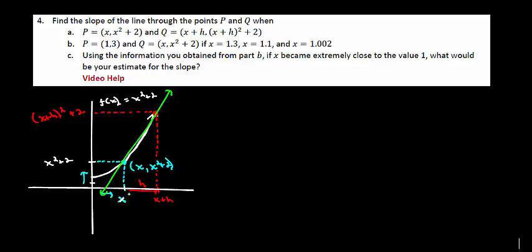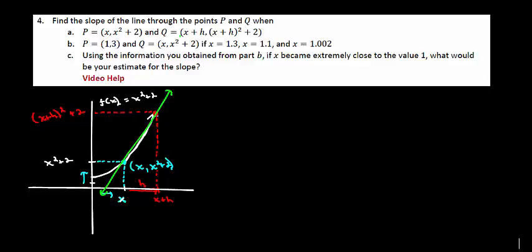So this distance that we go over is barely anything, and that pushes this red point towards this blue point. When the two points are super close to one another, we don't get the slope of the secant line, we get the slope of the tangent line. That's what we're looking for, because the tangent line is important in calculus. We study it because we want what's called an instantaneous rate of change.